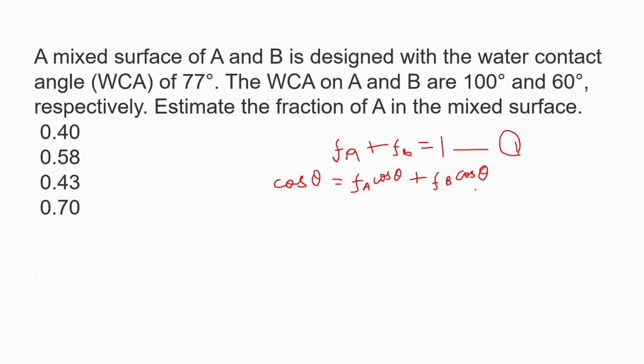Now the angles are given. The first one is 77 degrees, so this would be cos 77 degrees equals FA cos 100, since the water contact angle on A is 100 degrees, plus FB cos 60, since the water contact angle of B is given as 60 degrees.